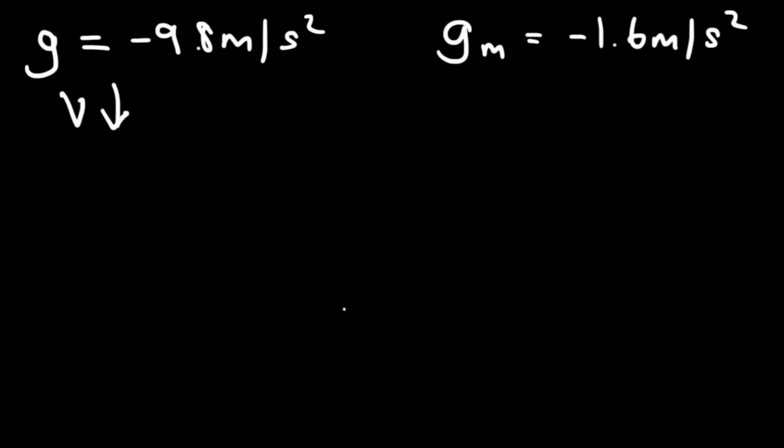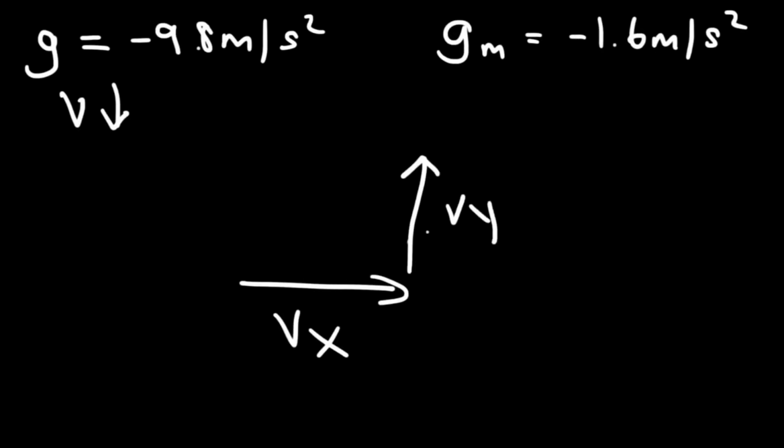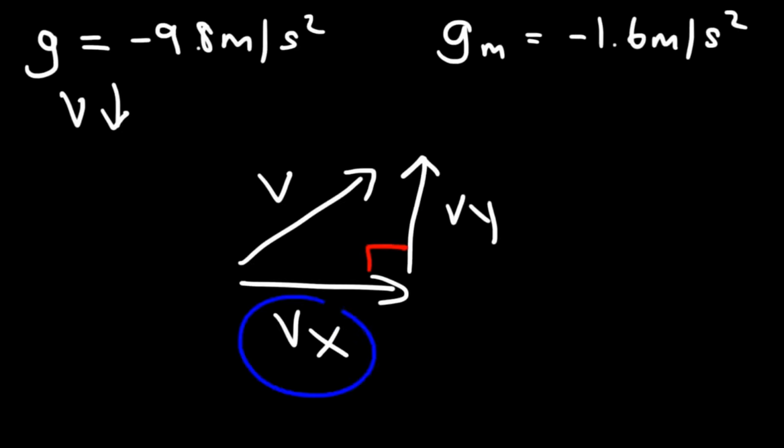As we talk about velocity, the velocity is a vector. It can have an x component and a y component. The actual velocity is basically the hypotenuse of the coordinates. Vx is the horizontal component of the velocity vector. Vy is the vertical component.